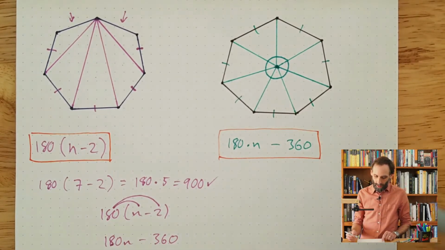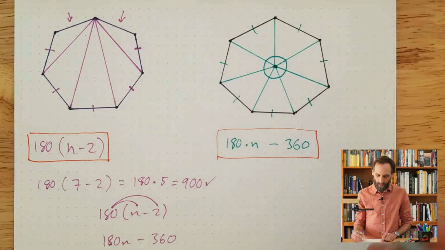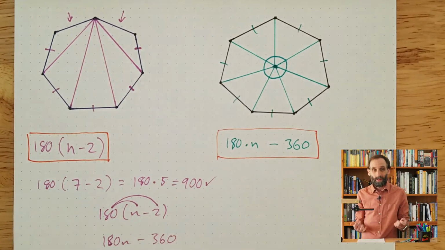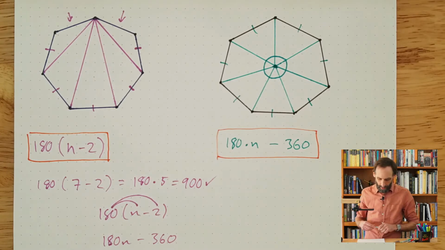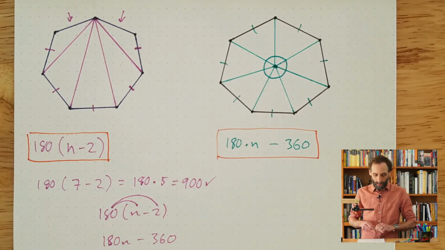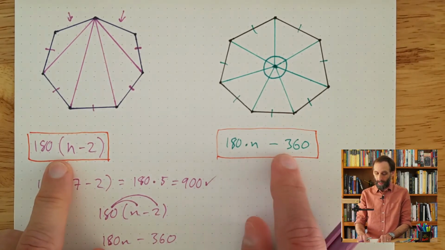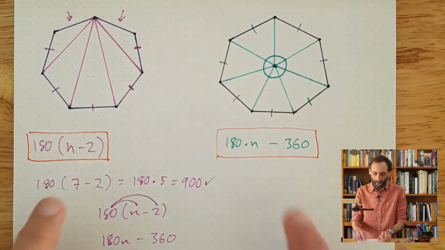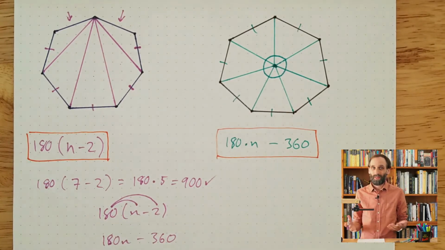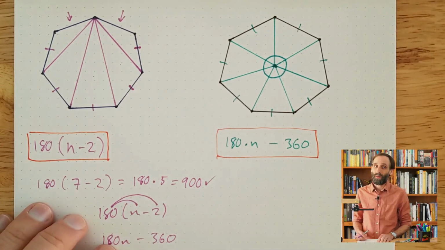And of course, if I were to plug 7 in for n, I would once again get 900 degrees, and so it fits the pattern, okay? And so what is the angle sum of a polygon? Well, it's 180 times n minus 2, or 180n minus 360. Either of these formulas will work because it turns out they're actually the same formula.